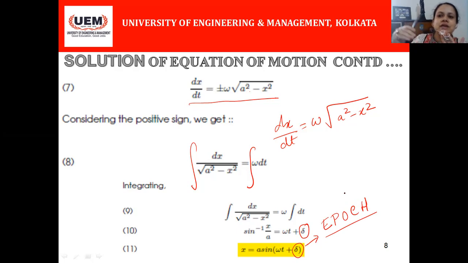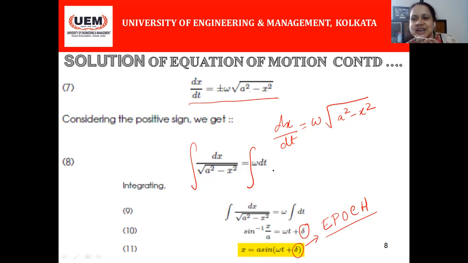So the particle begins its motion from the amplitude position. And if you put in some other value of delta, say delta is equal to pi by 4, then at t is equal to 0, you get x is equal to a by root 2. So the initial position then would be a by root 2. So depending upon delta, the initial position is determined. So it is known as the initial phase or epoch.